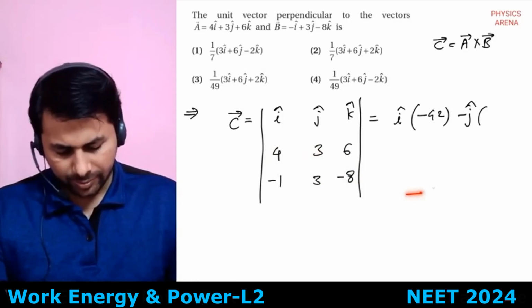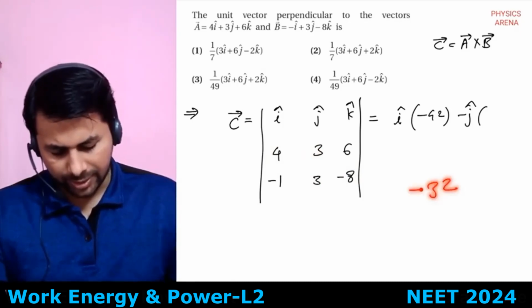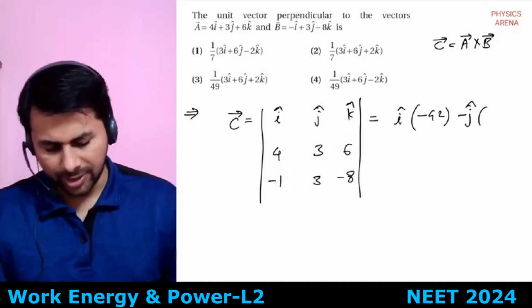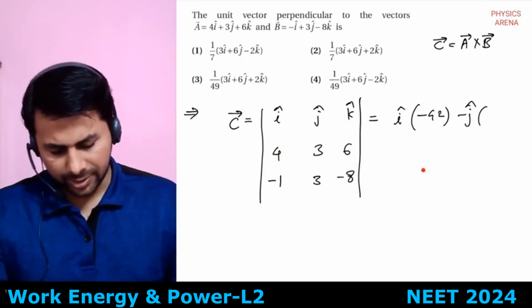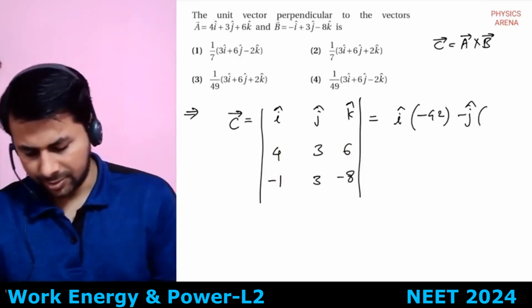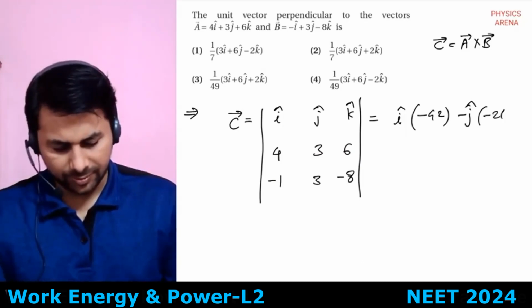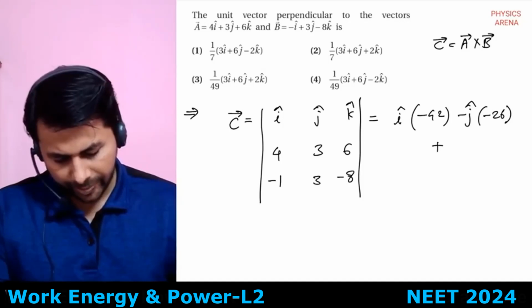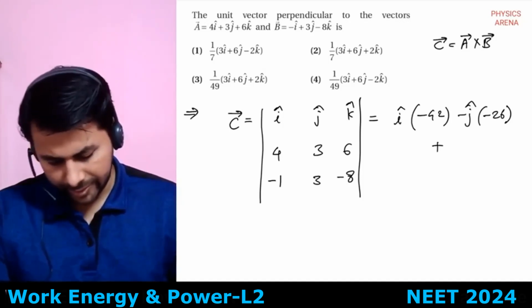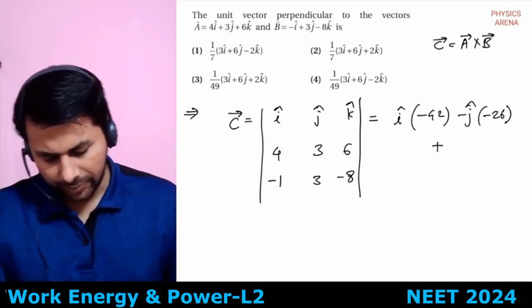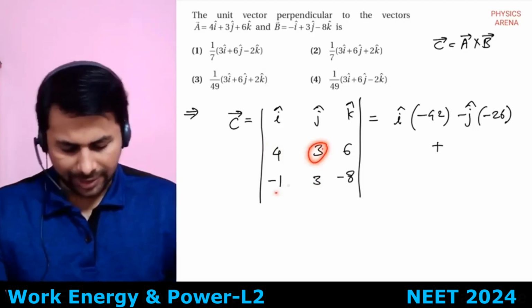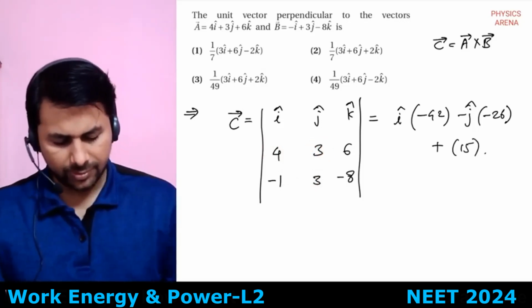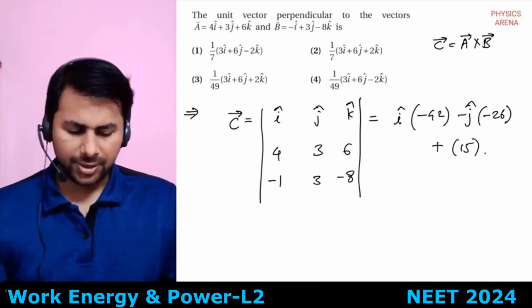So that is minus 32, and minus 6, so that is plus 6. Minus 32 plus 6, minus 26. Plus you have 4 times 3, 12, plus 3, 15. Okay. So this is C bar.